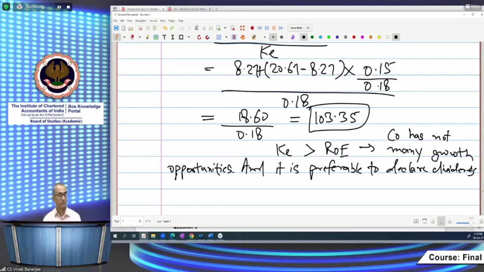Whenever the cost of equity is more than the rate of return on retained earnings, when the company declares more dividend, the value of shares is more. And vice versa is true. If the cost of equity capital is less than the return on equity or rate of return on retained earnings, it means the company is generating more profit and has profitable growth opportunities. It wants to forgo dividends, retain its earnings and invest in profitable growth opportunities.